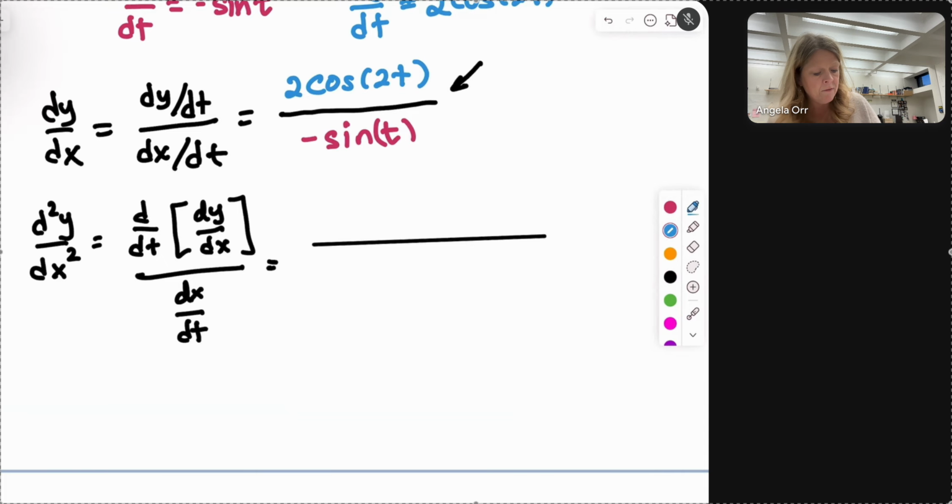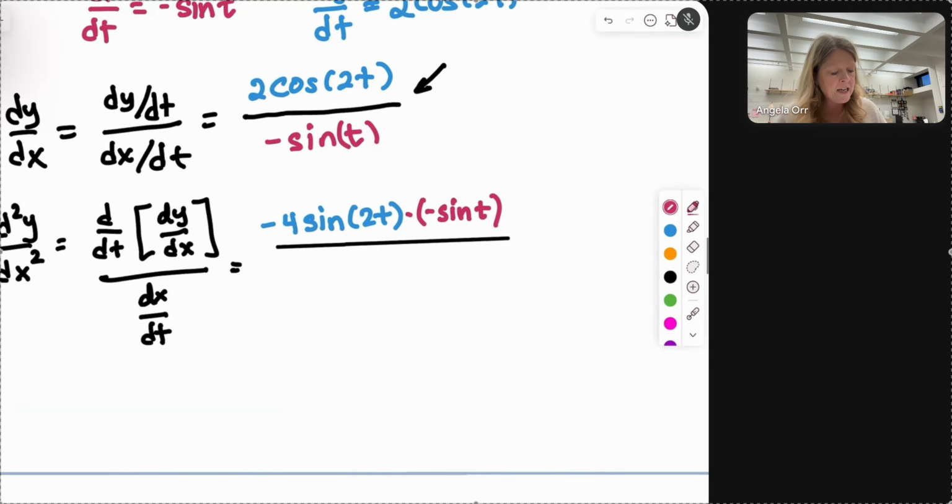The derivative of 2 cosine of 2t would be negative 4 sine of 2t, because I need to apply the chain rule again. I have another factor of 2 that I'm multiplying by as a result of that chain rule, times the denominator's function, so that would be times negative sine of t.